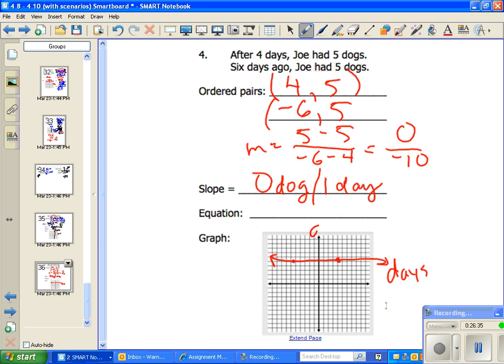Days and dogs. Okay, what would the equation be? Christina, what's your equation? Good, okay. Y, it crosses through the y-axis at 5, and the y's are always going to be 5. He's always going to have 5 dogs.